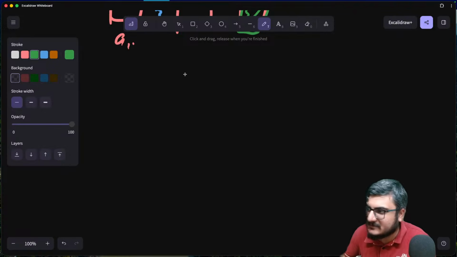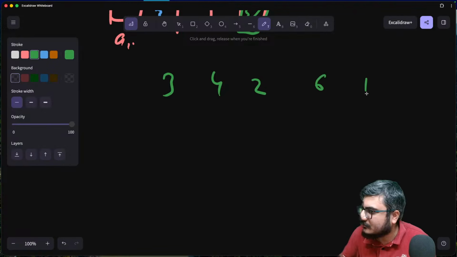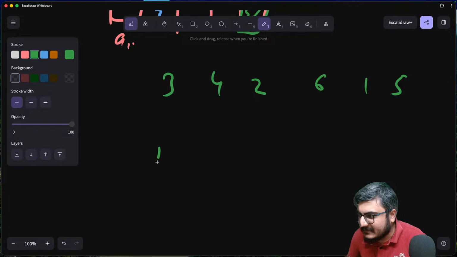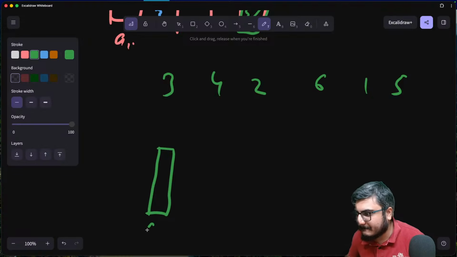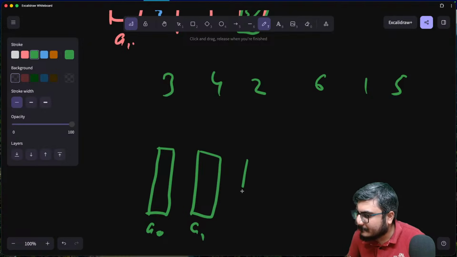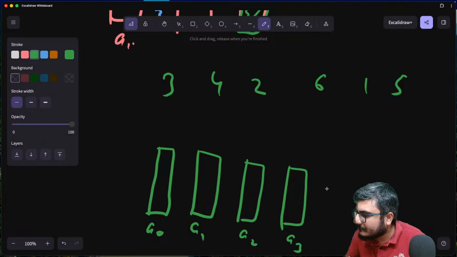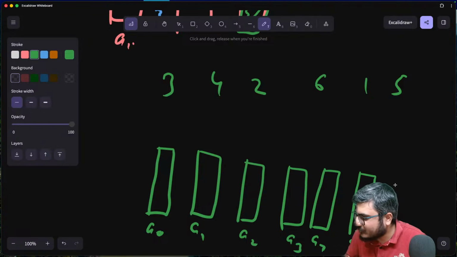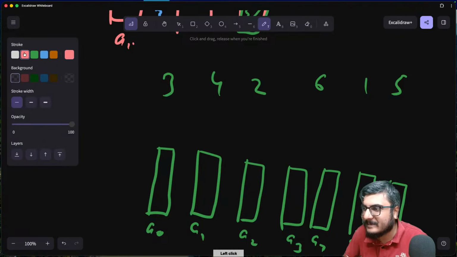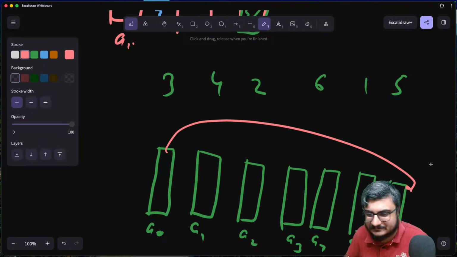So let's take example 3, where we have 3, 4, 2, 6, 1, 5, and we want to keep A0 empty. A5. Let me just draw A0 again here. These two are the same wells actually.